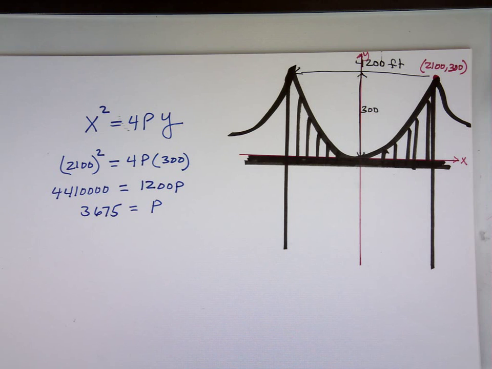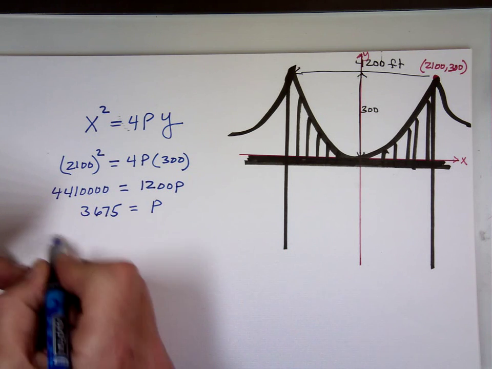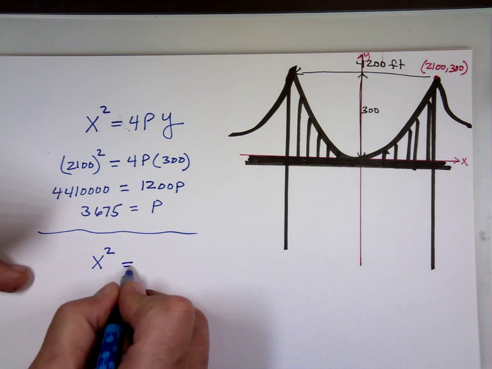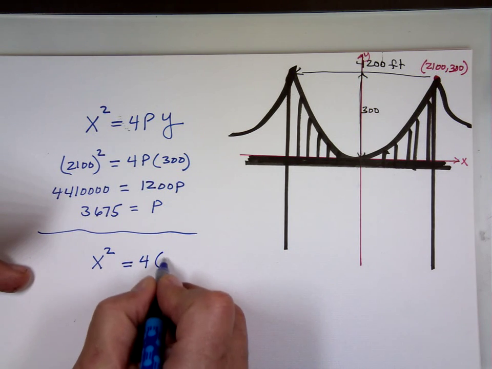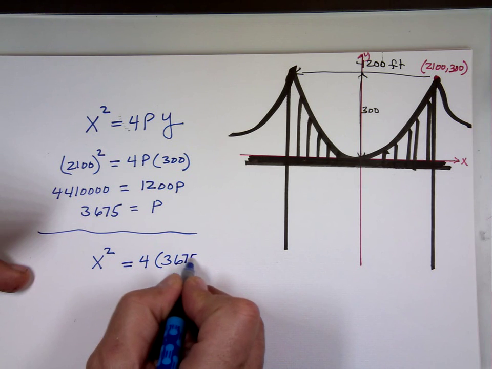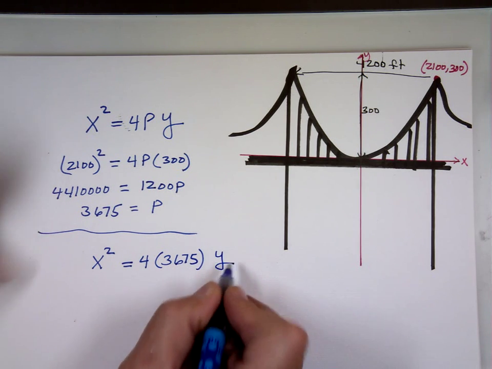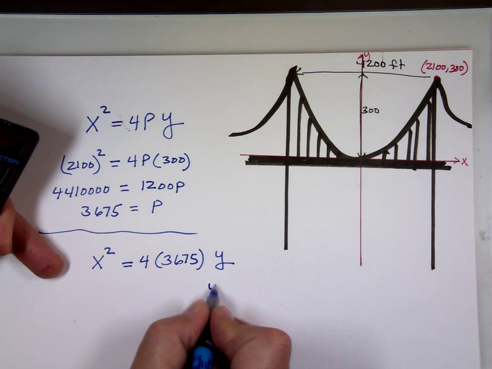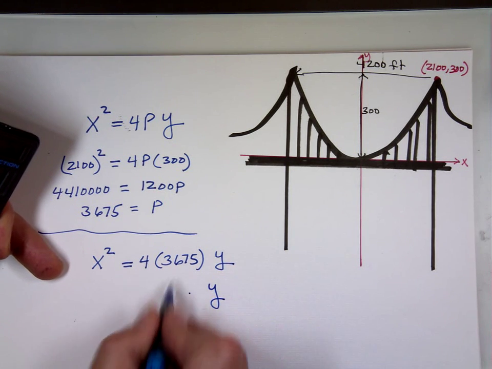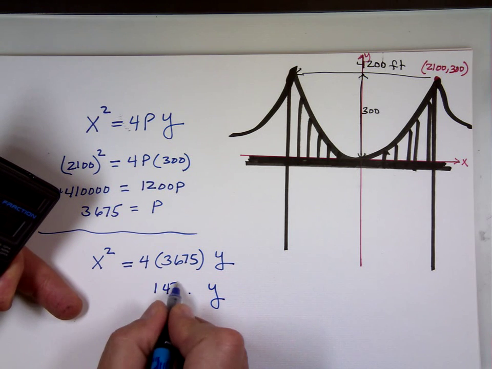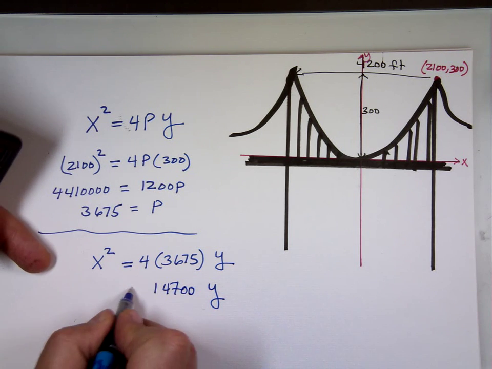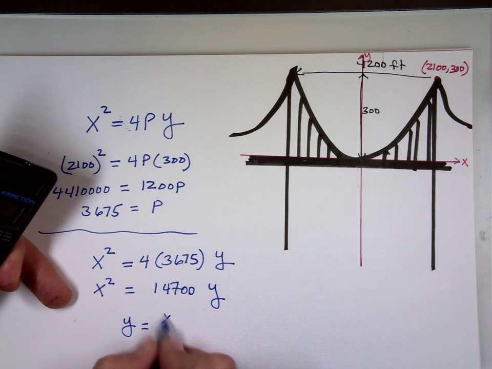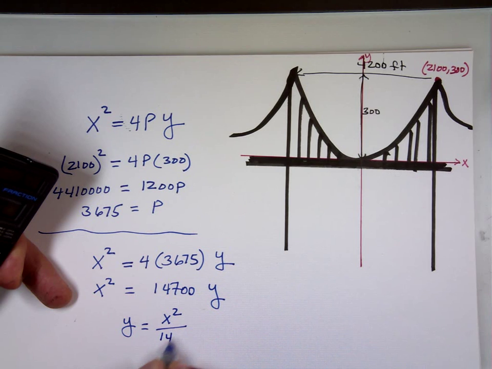So the equation that describes the Golden Gate Bridge, the height of any piece, is 4 times p, which is 3675, times y. The equation is what? This number when you multiply it is 14700 equals x squared, or y equals x squared over 14700. Right?